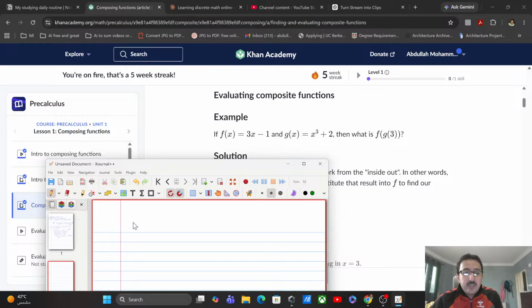This is refreshing my memory. f(x) equals 3x minus 1 and g(x) equals x cubed plus 2.